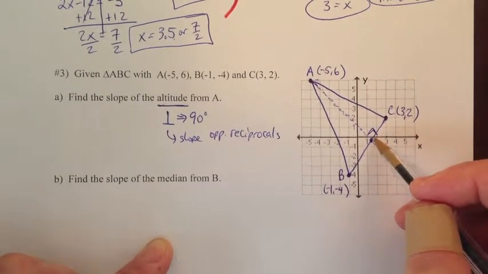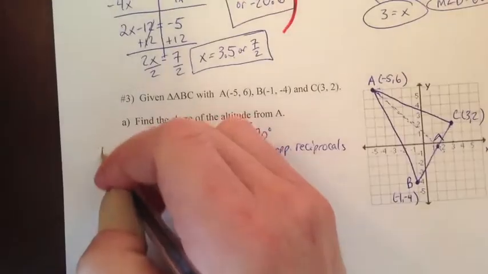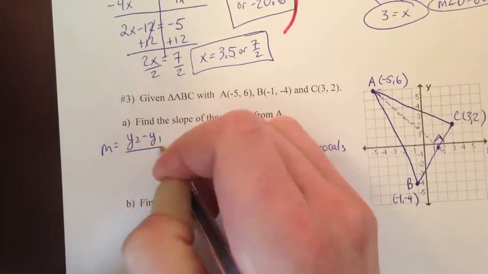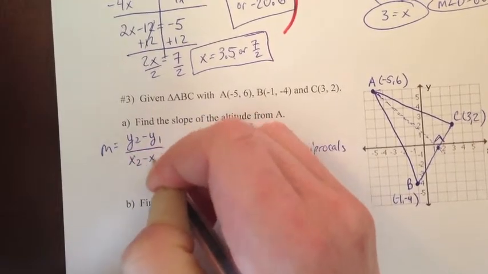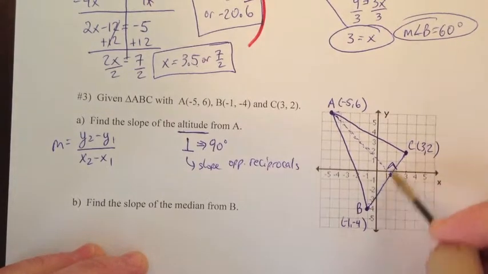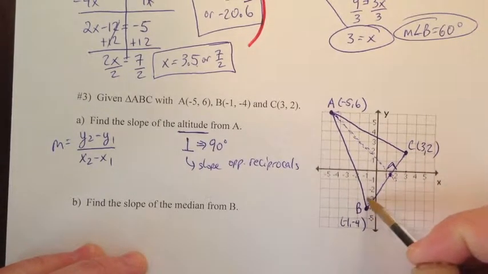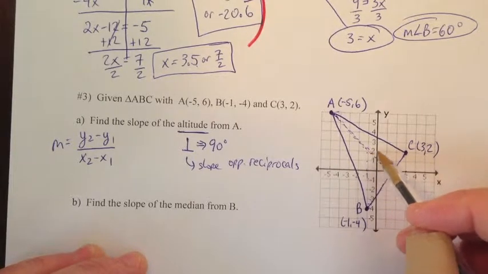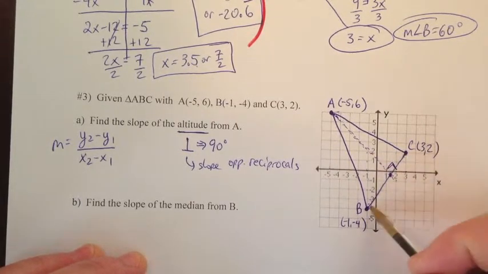Now you can use the formula. You've got m equals y sub 2 minus y sub 1 all over x sub 2 minus x sub 1. You can do that, or we can just count. From B to C, I would rise 1, 2, 3, 4, 5, 6, and I would run 1, 2, 3, 4.